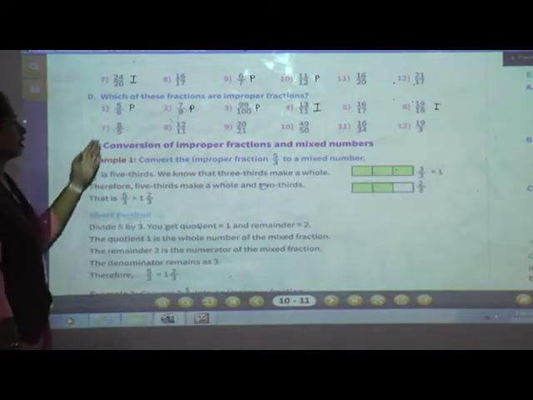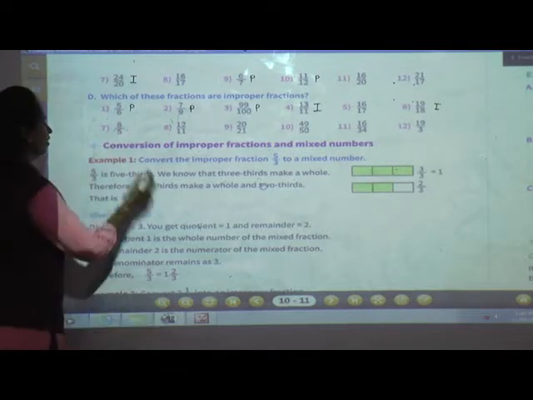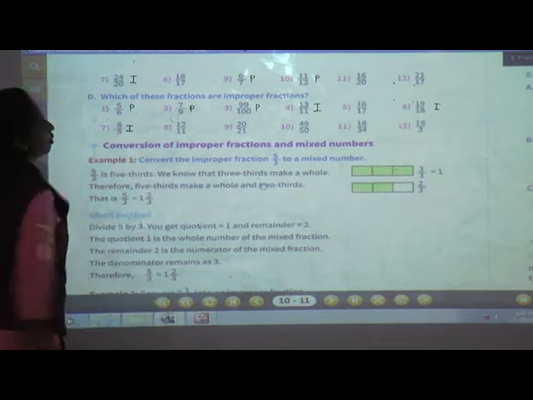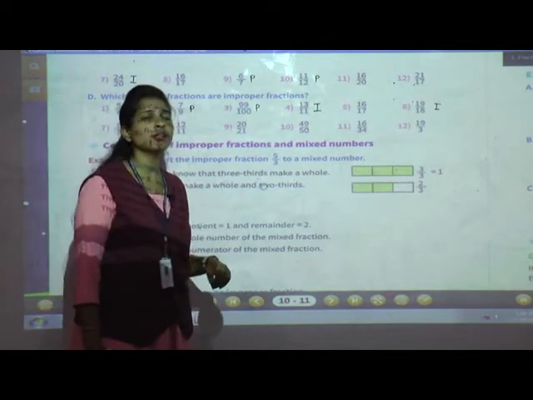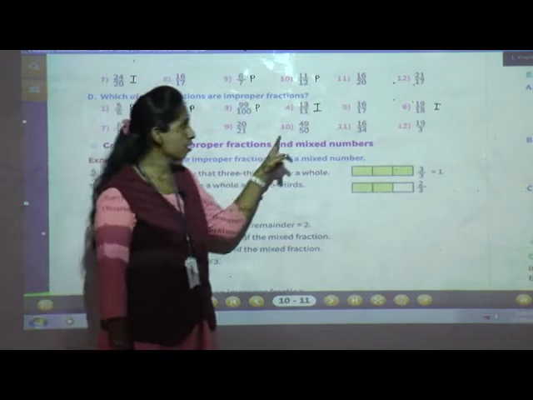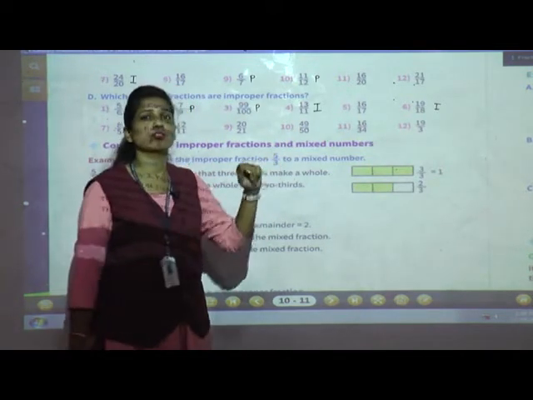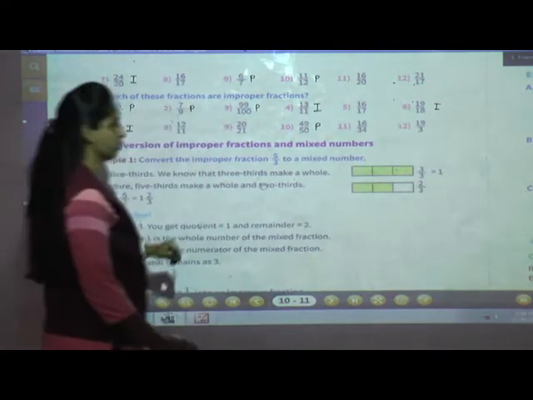Now the seventh one, 8/5. 8 is greater than 5, so the numerator is greater than the denominator, so this is also an improper fraction. Now the 10th one, the last I will explain, 49/50. See here, the numerator is less than the denominator, so this is not an improper fraction, this is a proper fraction.